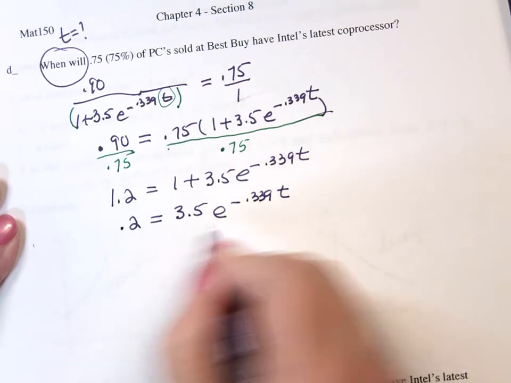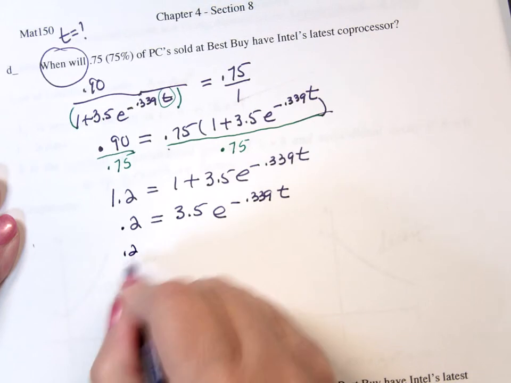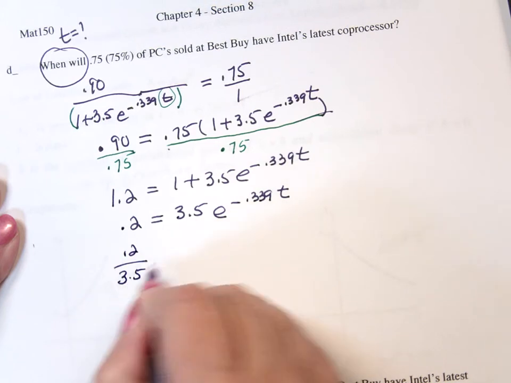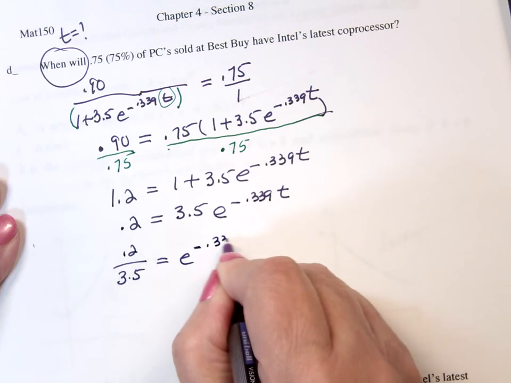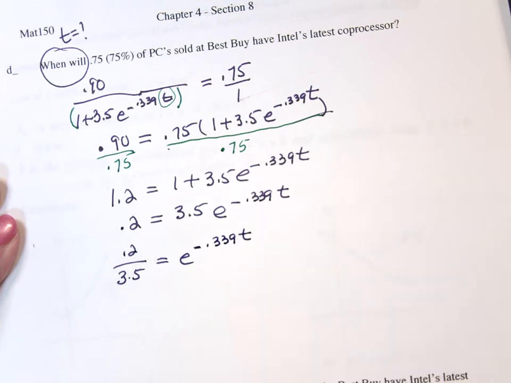Divide by 3.5. And 0.2 divided by 3.5, 0.057.